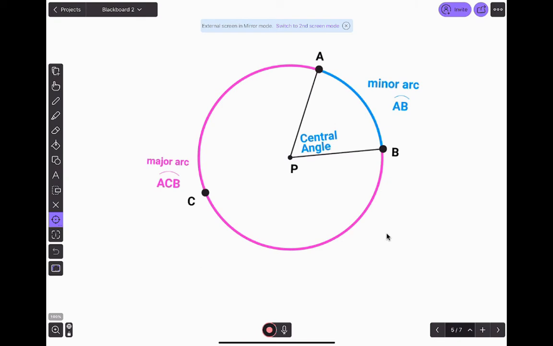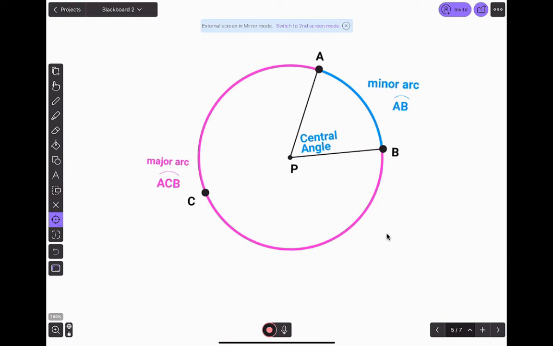I also have another arc that goes from point A to B. If I start here, I could go all the way around the other side of the circle from point A to B. Now in this problem, that's going to be called the major arc. Now how can I talk about the major arc and minor arc and distinguish between the two?